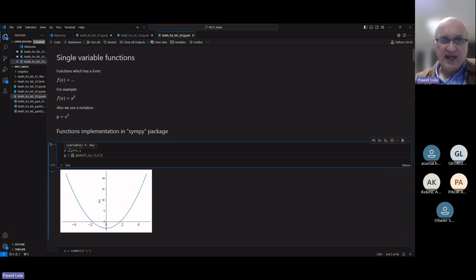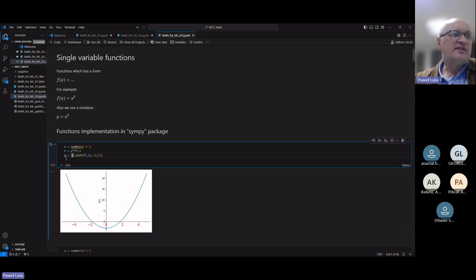So first, I defined x as a symbol, and after that, I use this symbol defining a function. It is necessary to define this object as a symbol because we will make some operations on the function definition using symbolic operations. Therefore, it must be defined as a symbol.